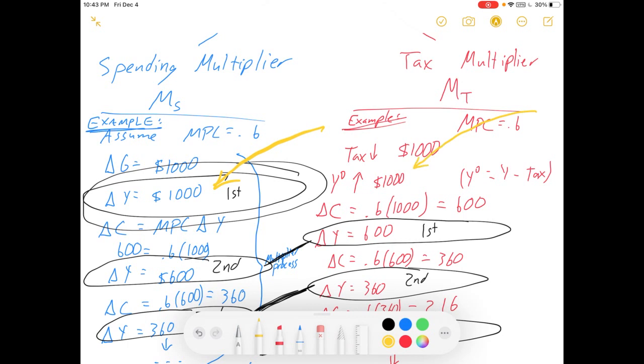It starts by changing disposable income, not production or income, which then affects consumption and then affects GDP. It's less direct, and so it has a weaker start. The spending multiplier will always be bigger because of that.